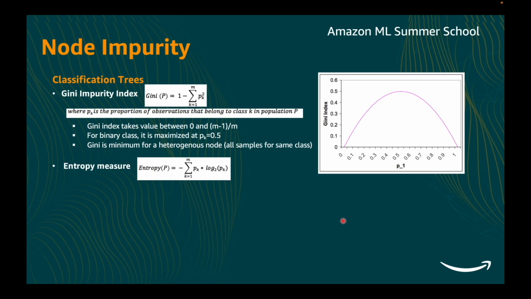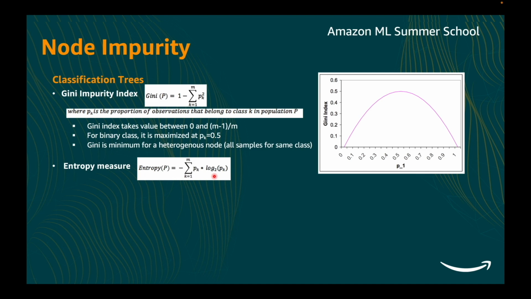Another similar criteria which looks very similar in terms of the graph over here is entropy, which is a little bit more general, and it measures a very similar thing. It's just a way to determine what is the impurity of the node which you have.